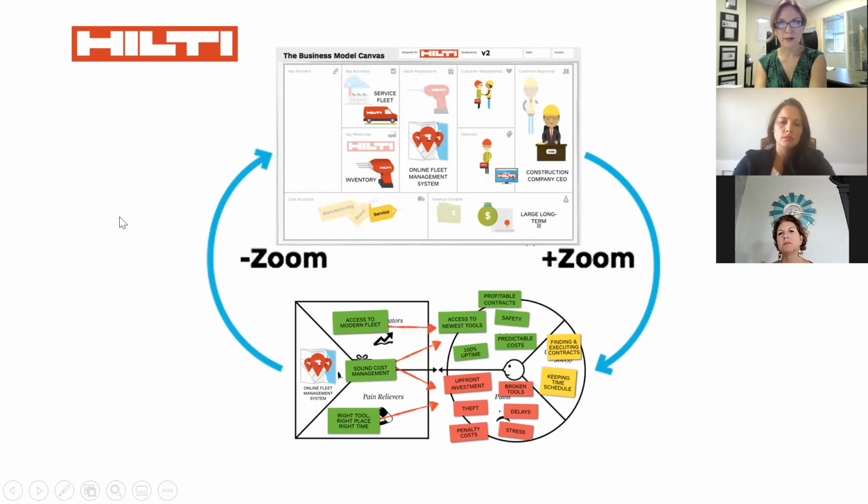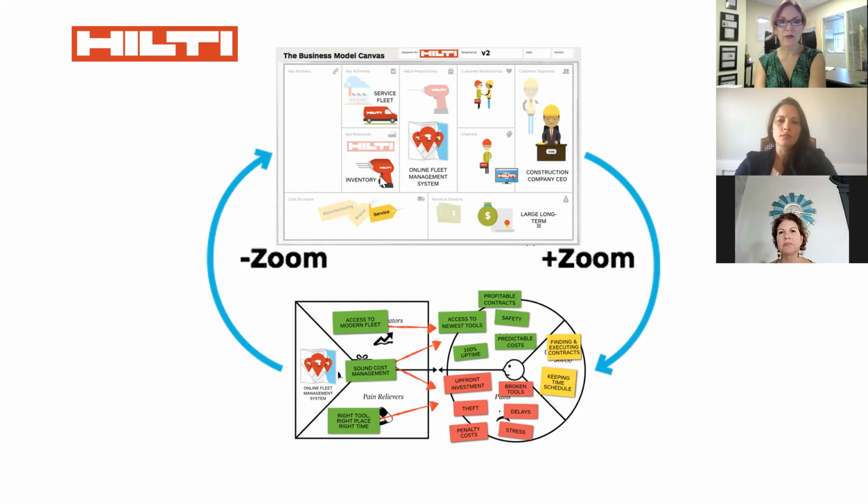Instead of the builders, they decided to go to the construction company CEO. They found that large long-term contracts were what they wanted, because they just don't want to deal with all these daily problems of just buying tools. Then they added to the manufacturing and the brand a service, which is the subscription-based model.